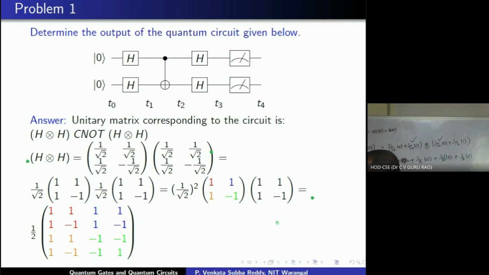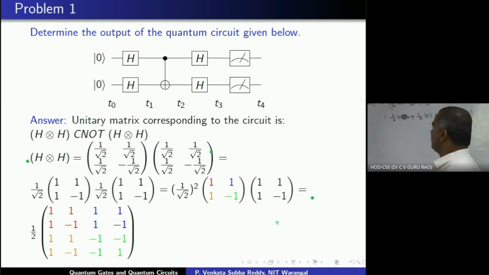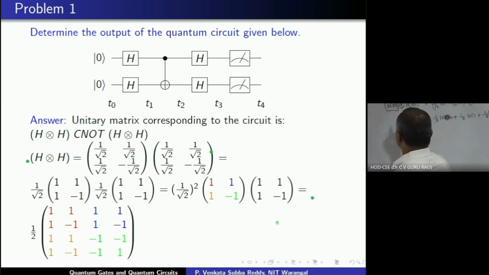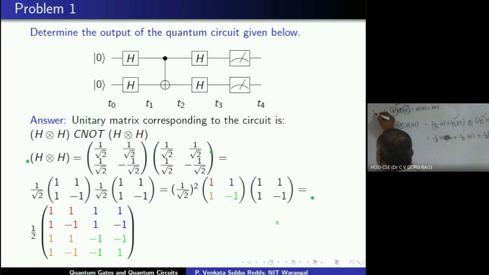Now T2. At T2, what is it that we need to apply? C naught. Whatever state we got, you give some name to this. This is psi naught state, this is psi 1 state. Simply it is C naught on psi 1. Now what is this?